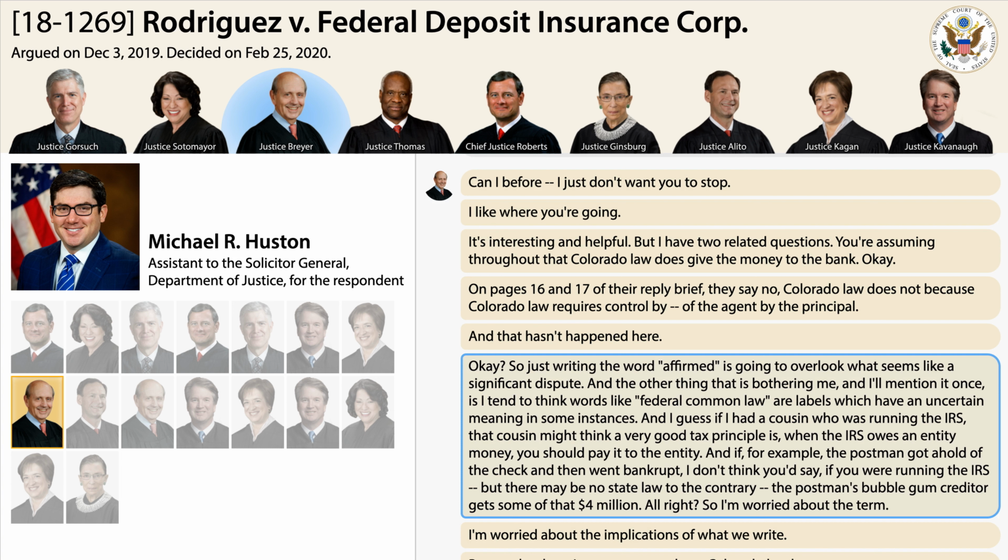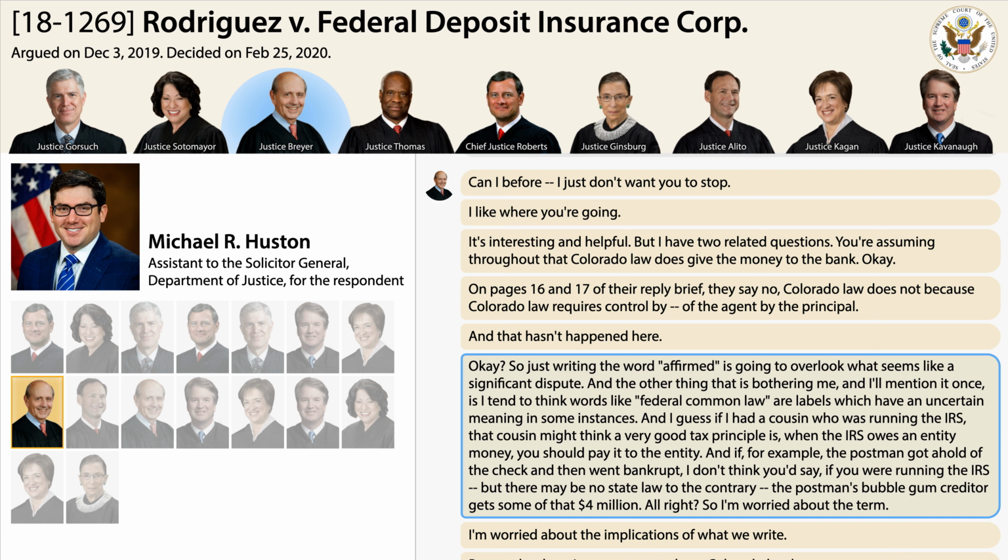And the other thing that is bothering me, and I'll mention it once, is I tend to think words like federal common law are labels which have an uncertain meaning in some instances. And I guess if I had a cousin who was running the IRS, that cousin might think a very good tax principle is when the IRS owes an entity money, you should pay it to the entity.